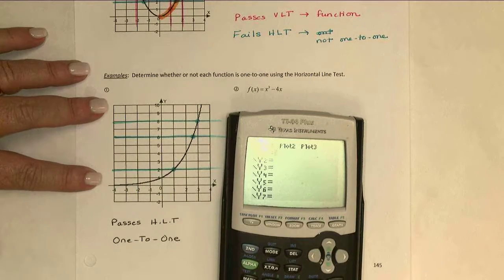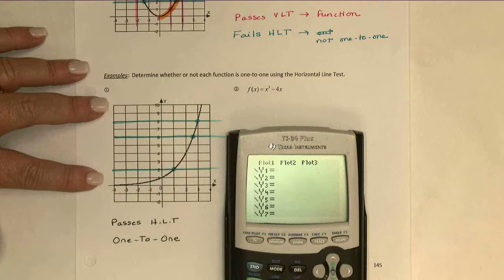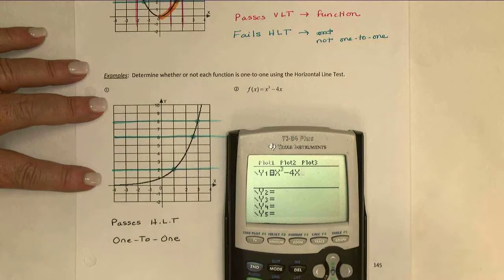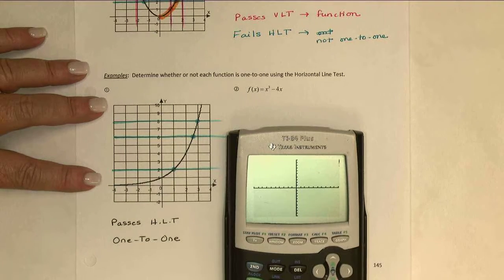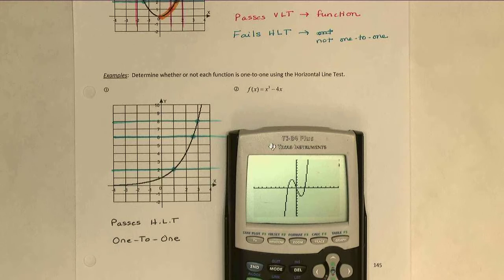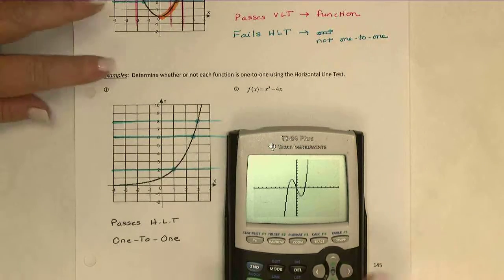If I go ahead and put this x cubed minus 4x in my calculator, and I'm just going to use a zoom standard negative 10 to 10. If you look at this graph, it's probably clear to you pretty quickly that there are a lot of horizontal lines that would cross through this graph more than once. I don't think this one's going to be one-to-one.